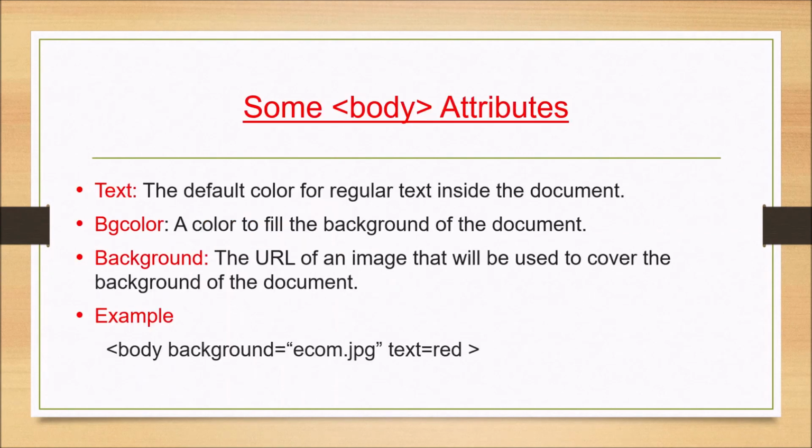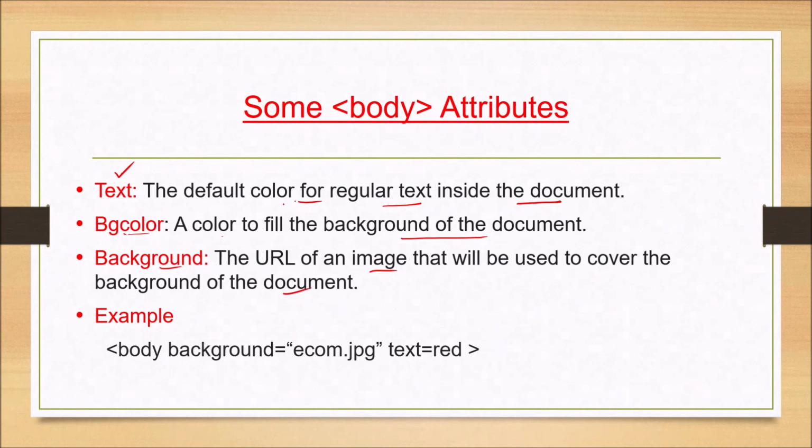So here are some body attributes: text, bgcolor, background. For the default color for the regular text inside the document, you can use the text attribute, and you can use the bgcolor attribute to fill the background of the document, and you can use the background attribute to set any image that will be used to cover the background of the document.